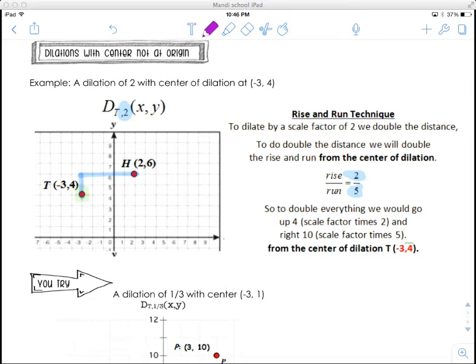We need to go up 4 because 2 times 2 is 4. And we need to go over 10 because 2 times 5 is 10. So we're going to go up 4 over 5, 6, 7, 8, 9, 10. And this would be H prime right up here.